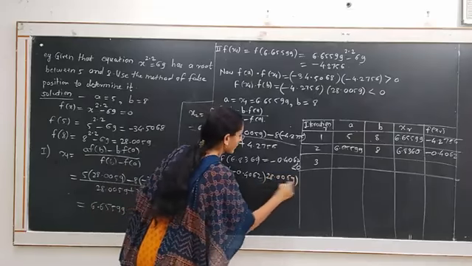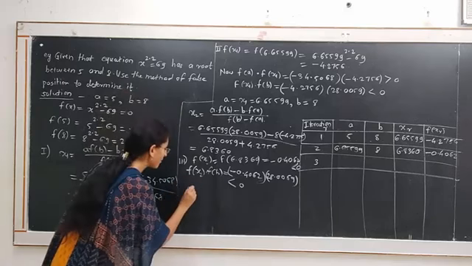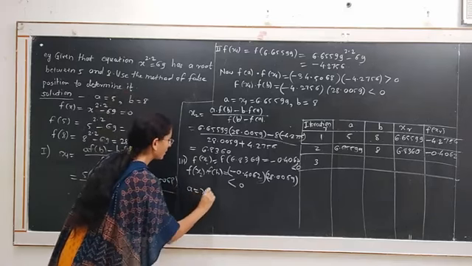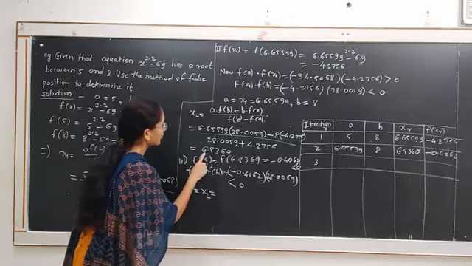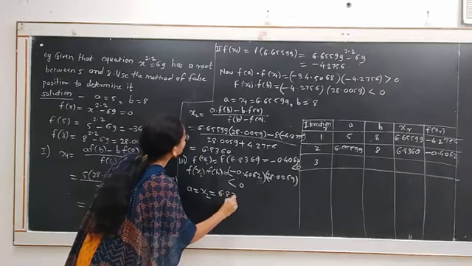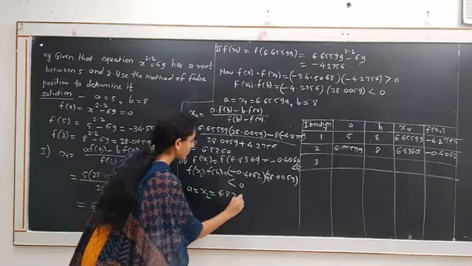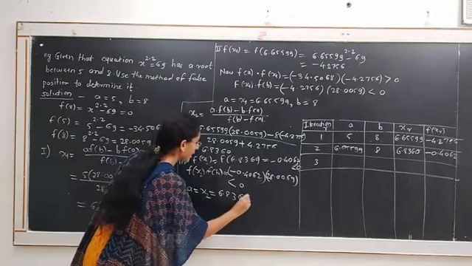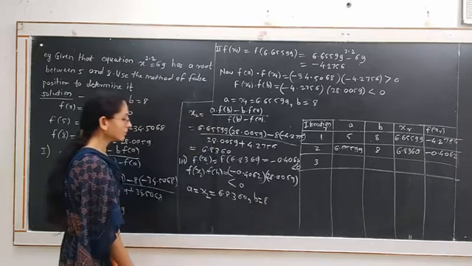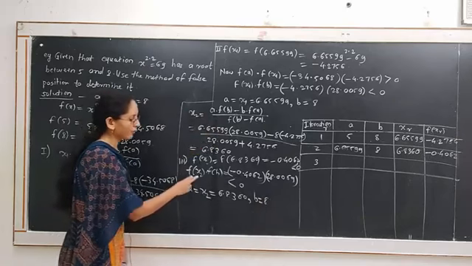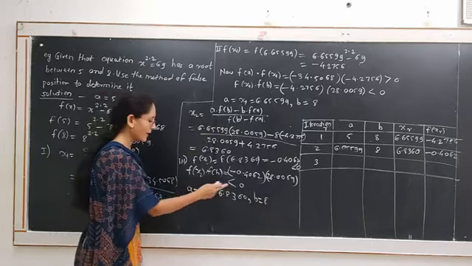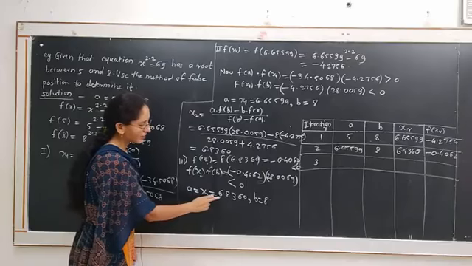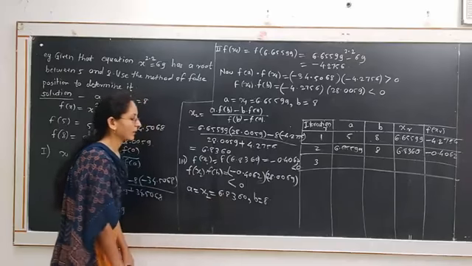Therefore, in the third iteration, we take the value of a equal to x2, which is 6.8360, and value of b equal to 8. Because f of x2 into f of b is negative, hence we have chosen a equal to x2 and b equal to 8.